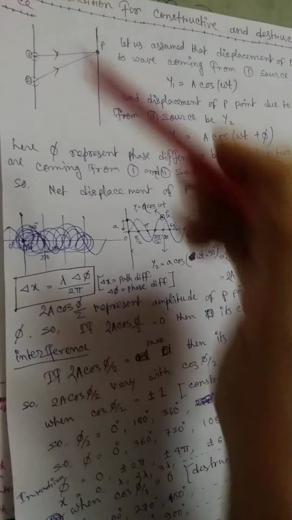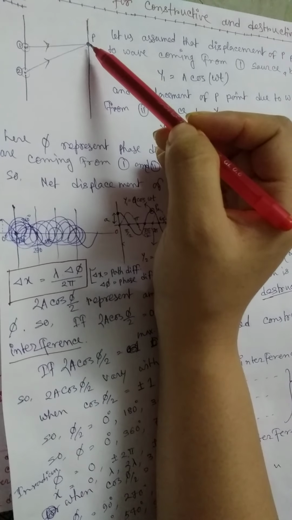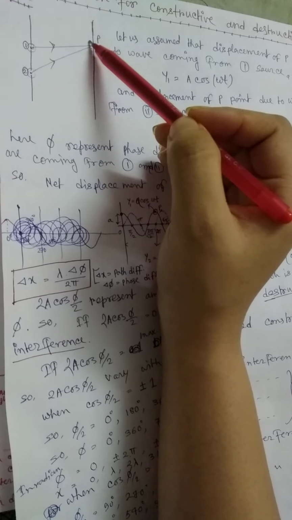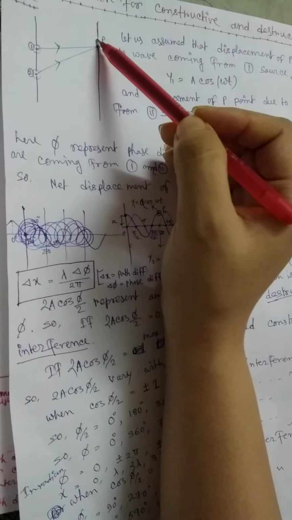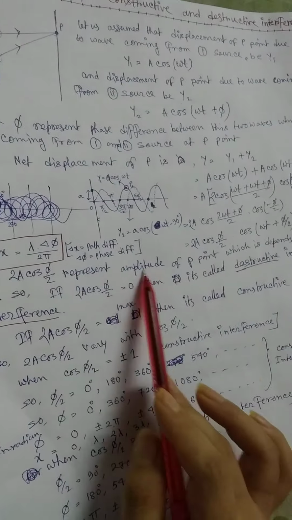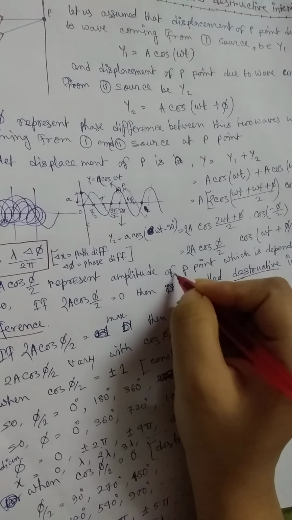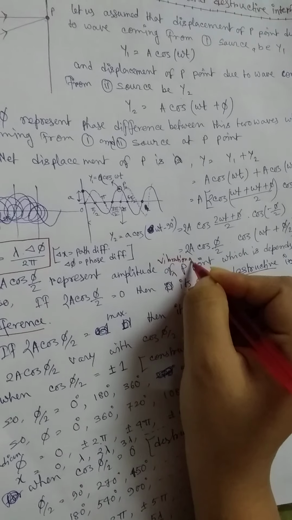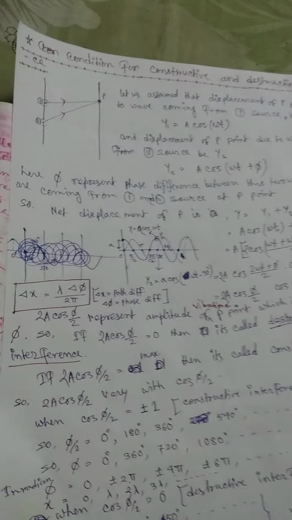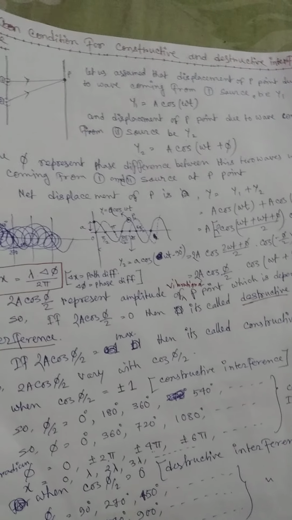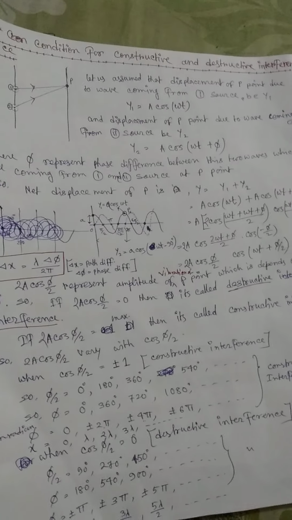That means when these two waves reach point P, and the amplitude of vibration of P point is 0, it shows that this is destructive interference, right?